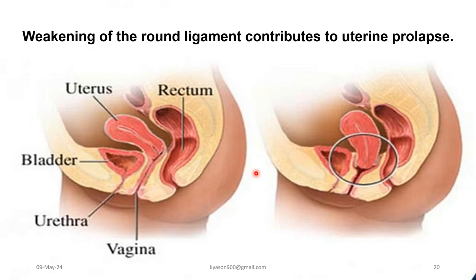So if the ligaments weaken, for example, in mothers who have given birth to many kids, mothers that are of older age, these ligaments are going to be weak and can lead to uterine prolapse. It can partly descend into the vagina. That is uterine prolapse.